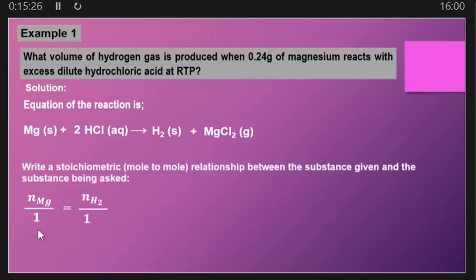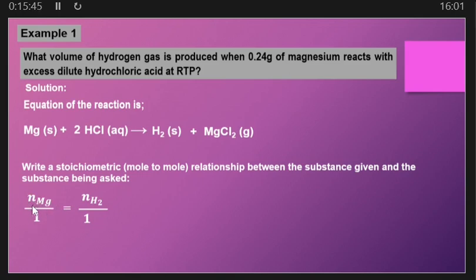So our equation now becomes number of moles of magnesium over 1 is equal to number of moles of hydrogen over 1.